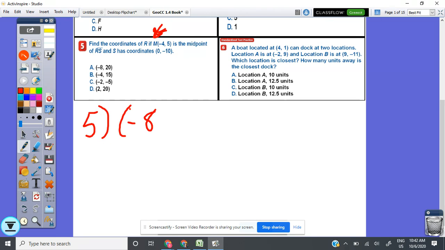And then you go from -10 to 5, that's 15 spaces. So the answer should be, if I go 15 more from 5 and I go up, answer A.